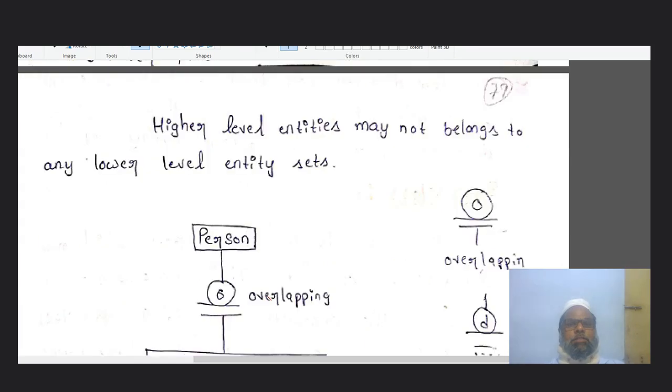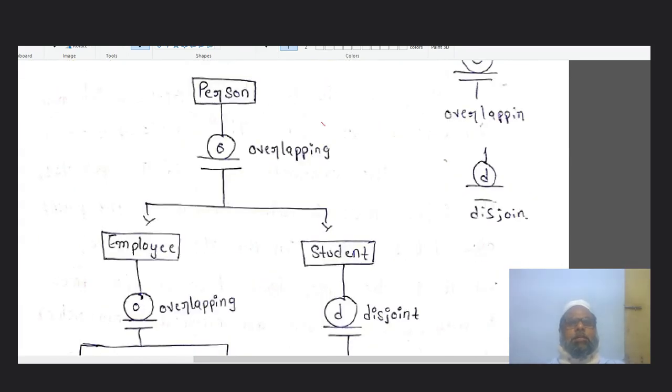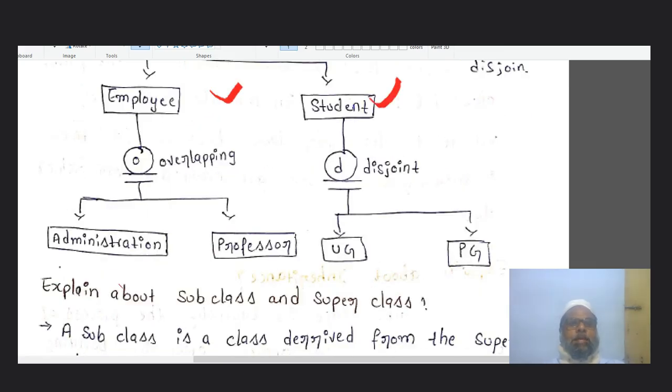Observe this diagram. Here a person may be an employee or a student. This indicates the overlapping constraint. An employee may be an administrator or a professor, and for student, this one is disjoint. Disjoint means a student studies either UG or PG: only after completion of UG can he study PG, so UG and PG cannot be performed in parallel.